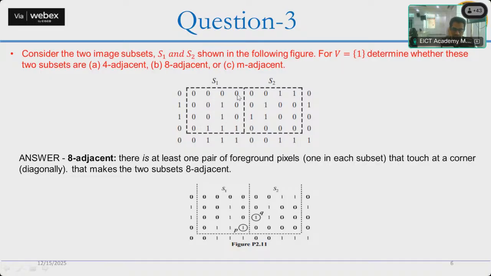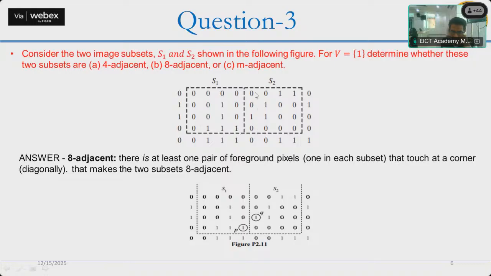Remember, when I see this image, V equal to 1 means we are evaluating on the basis of the element 1. Here I see 0, 0, 0, 0, 0, 1, 0, 0, 1, 0, 0, 1, 1, 0. Only at the boundary line, only 1, 1 is there.